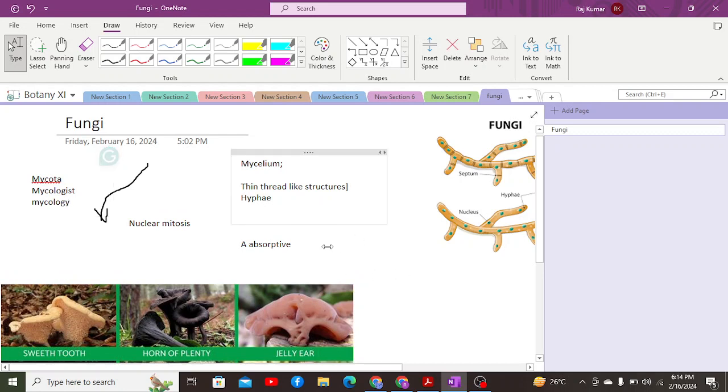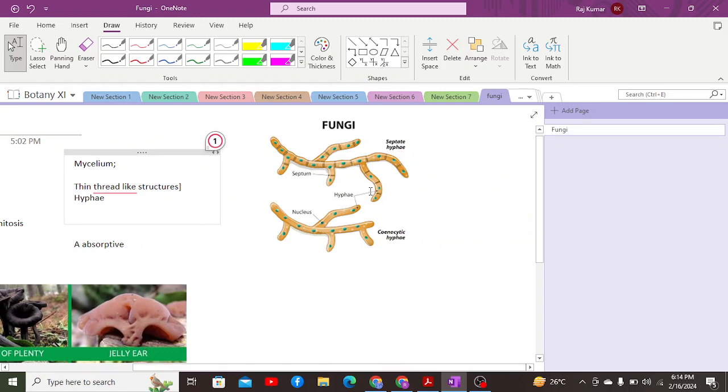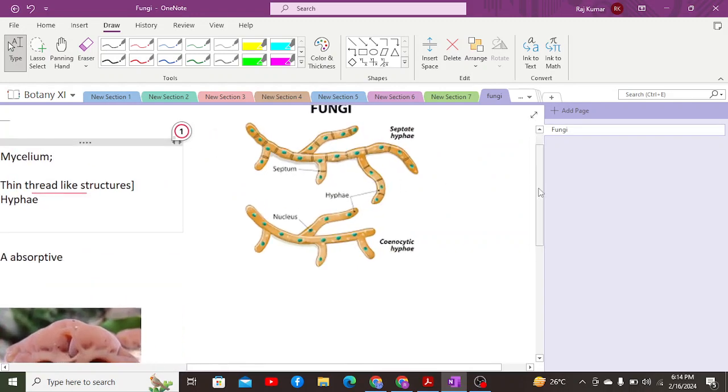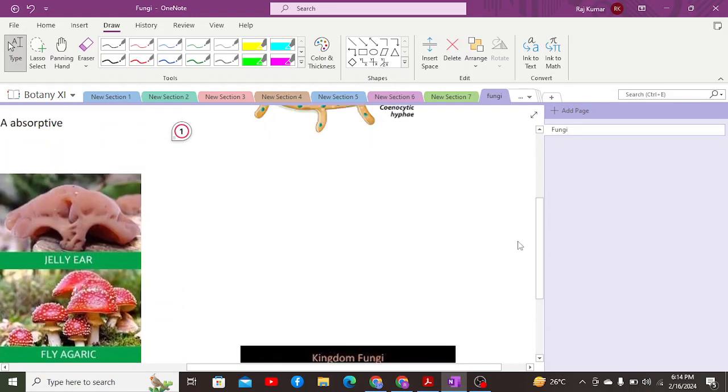And apart from that, they are absorptive heterotrophs. The mycelium is the simple body of fungi, and it is divided into two types, septate and aseptate.